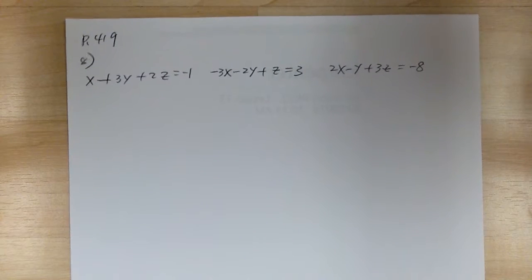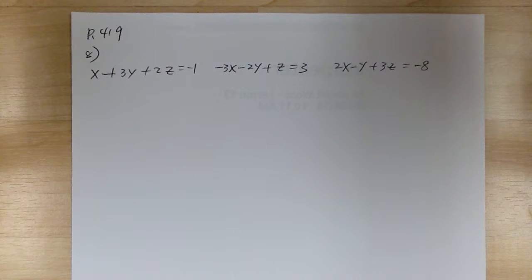First thing you need to do is decide what variable you want to eliminate. What you do is look through the variables and look for the one, usually, with the lowest number. In this case they're all about the same, so it doesn't matter which variable you eliminate. I'm going to eliminate the z.